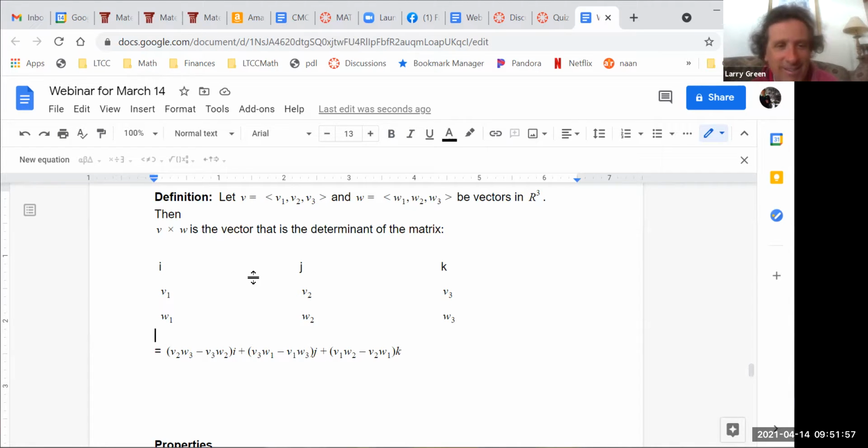So what you can do is for the I component, you kill the first row and first column, and then you take V2, W3 minus V3, W2.